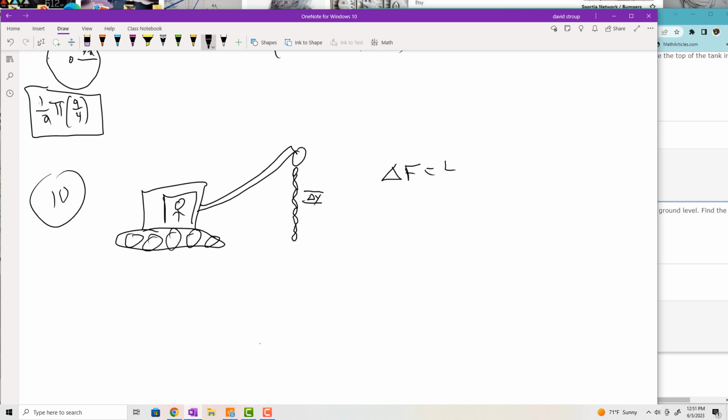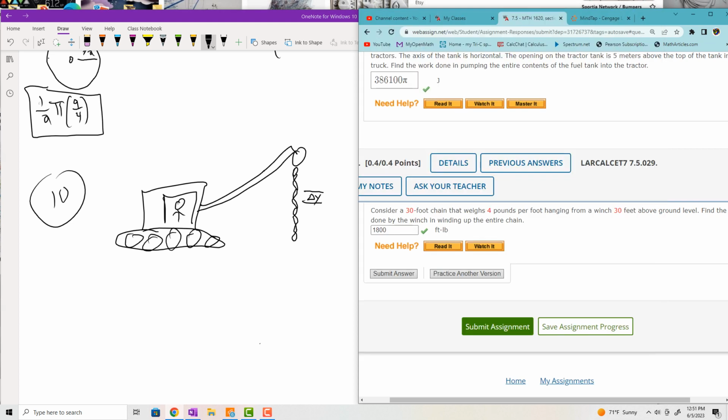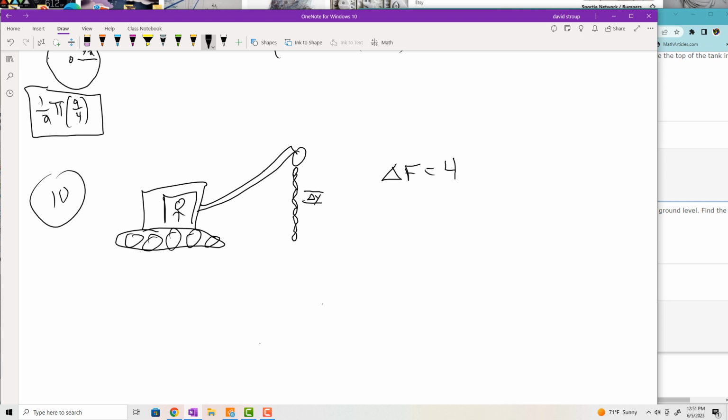The weight of chain was 4 pounds per foot, and the length of chain is going to be this delta y. What you're doing is having the Riemann person run up the flagpole and sum up all of those force increments, and for your work increment, that will just be the force increment times the distance traveled.